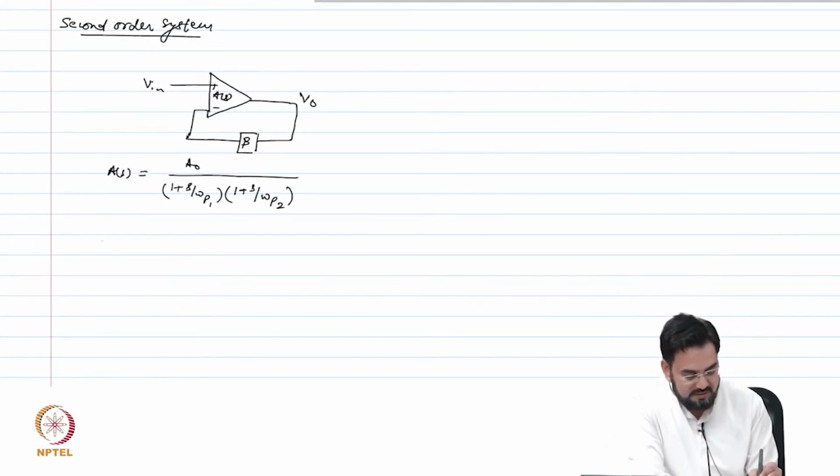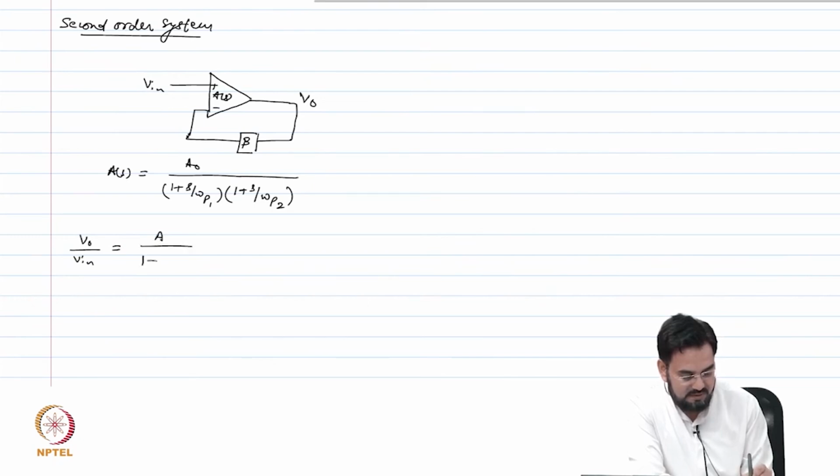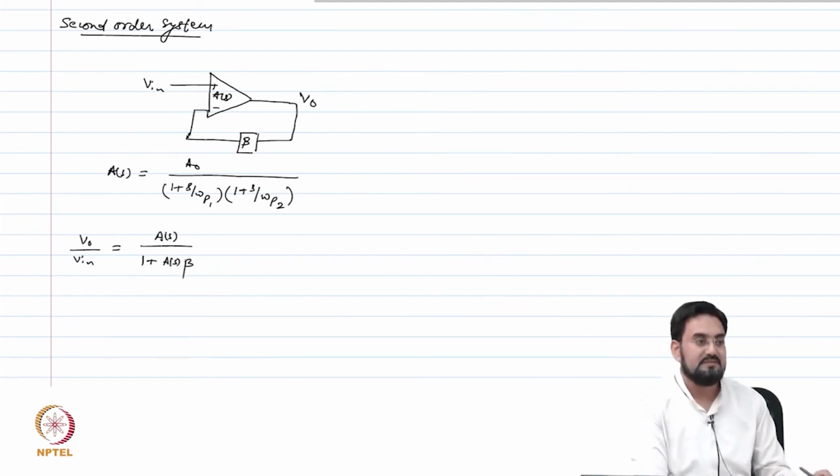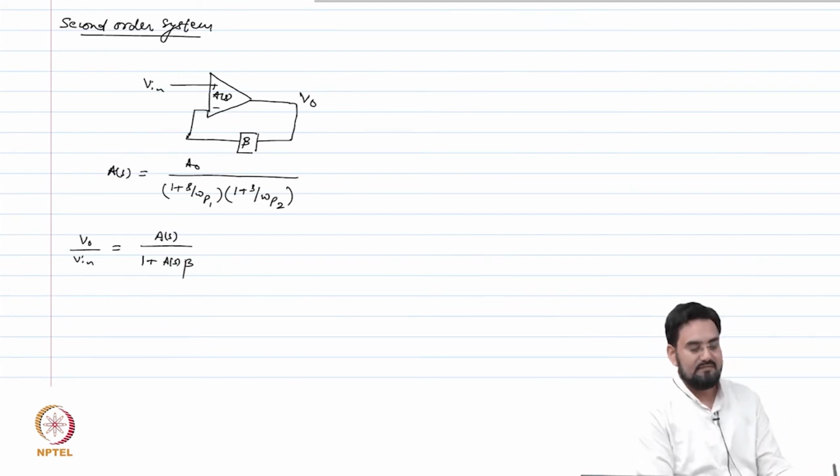And we know that V out by V in is A over 1 plus A beta, correct?